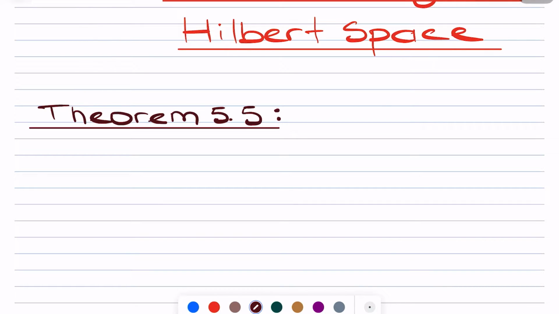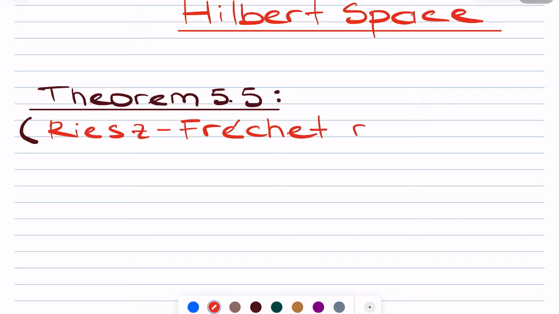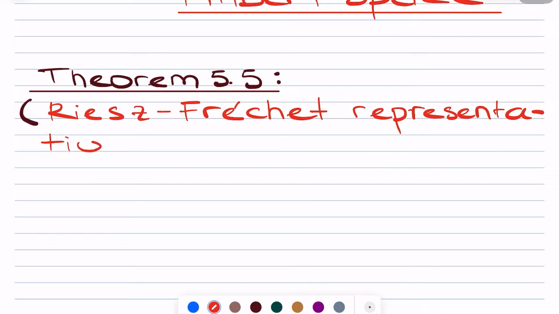This is the Riesz-Fréchet Representation Theorem.